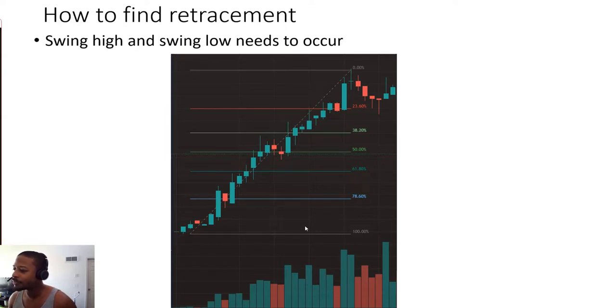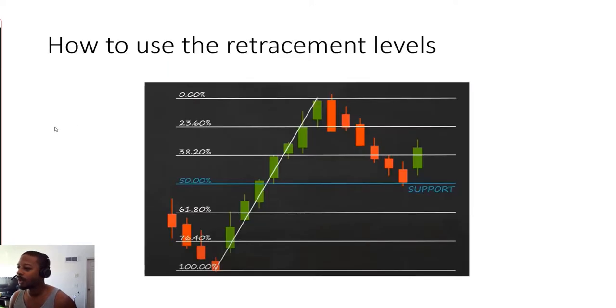And as you can see, it plots the levels 100, 78.6, 61.8, 50, 38.2, 23.6. Those are the main levels that traders are looking at when it comes to the Fibonacci sequence, and you'll see why.